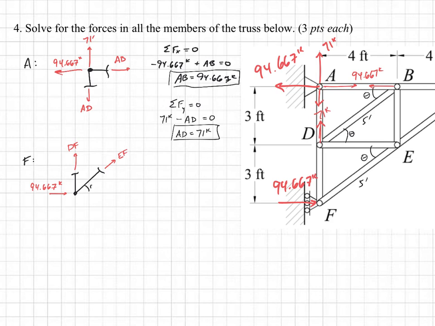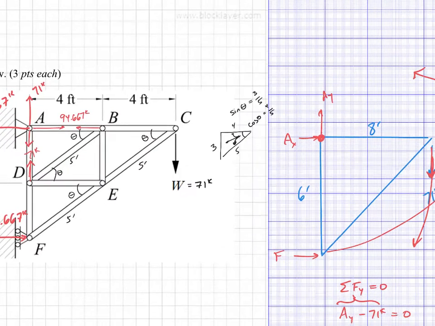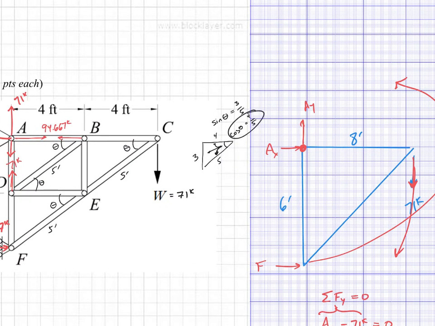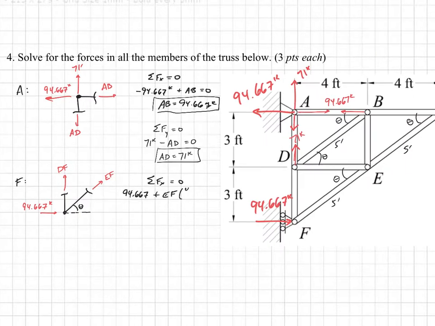We've got an angle right here too, theta. If we sum in the x direction, there's only one unknown in the x direction, that's EF. So I've got 94.667 plus EF times the cosine of that angle, and instead of the cosine of the angle, I'm going to use 4/5, equals 0.